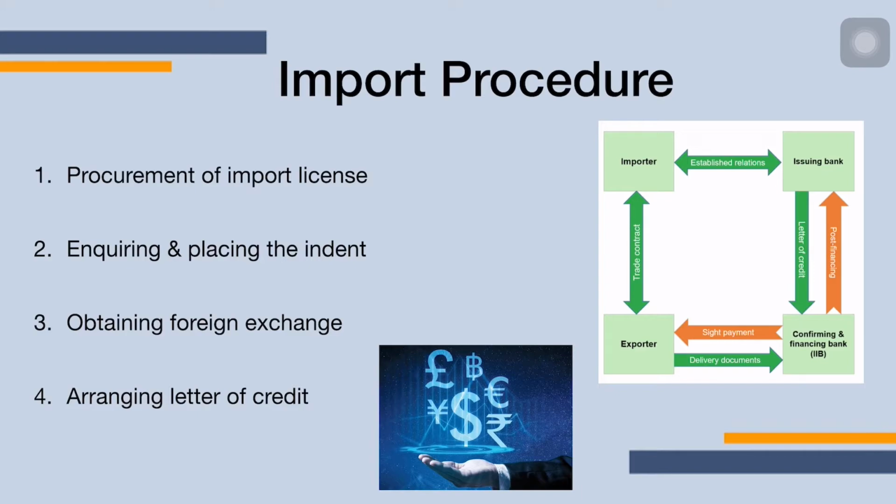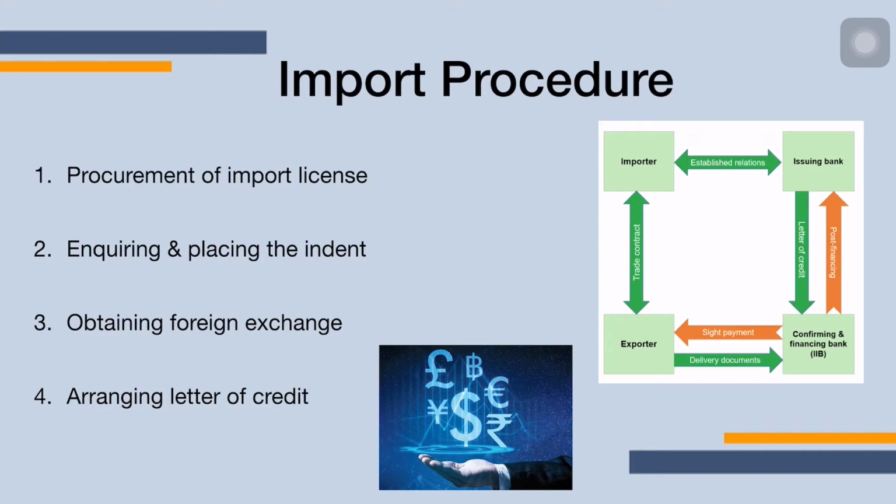The letter of credit will enable the importer to complete the transaction even though right now he cannot pay. The banker will pay on his behalf, and later the importer can pay the banker. So who is the confirming bank on the other side?